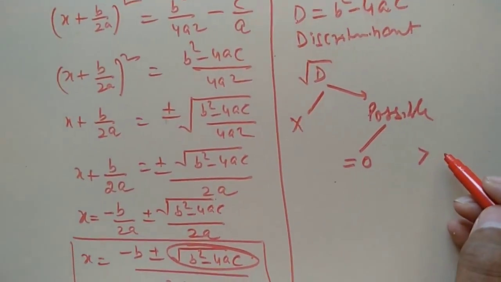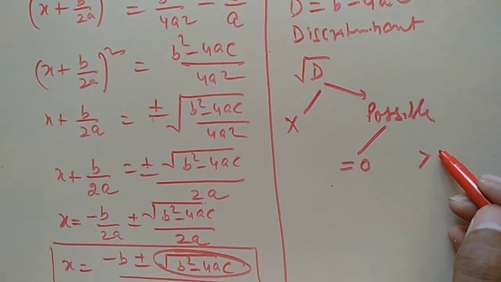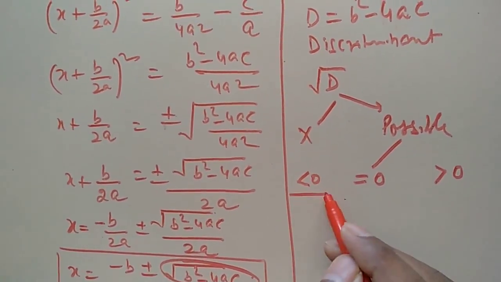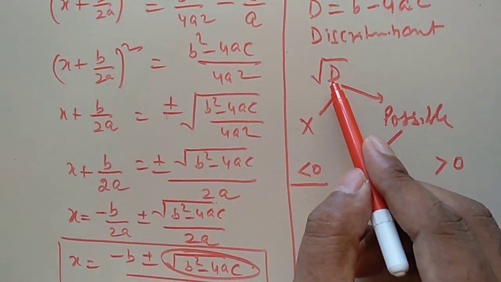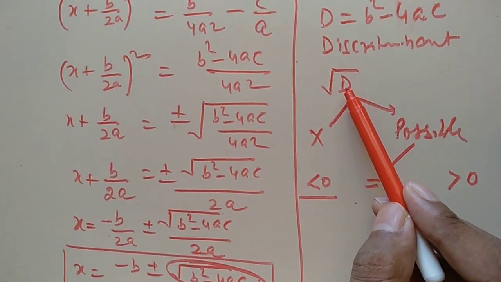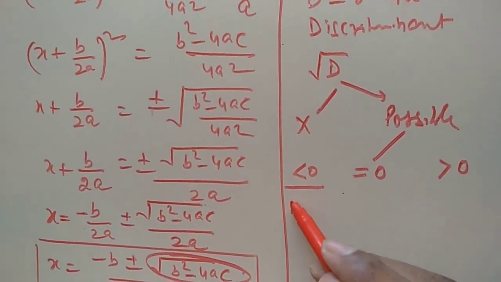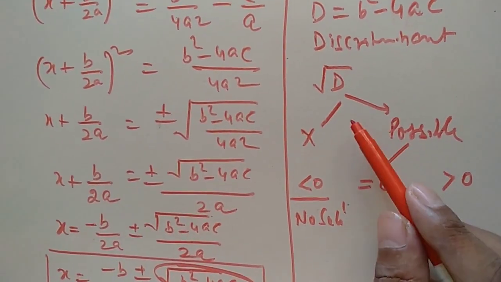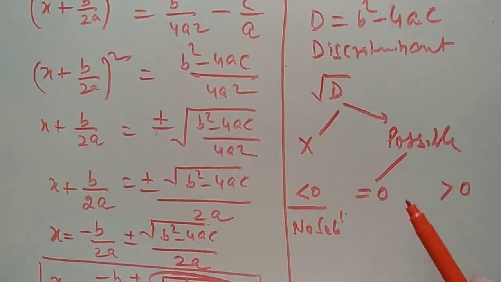If it is possible, then there are two scenarios: either it is equal to 0 or it is greater than 0. The not possible part is D less than 0, and that is called the discriminant.